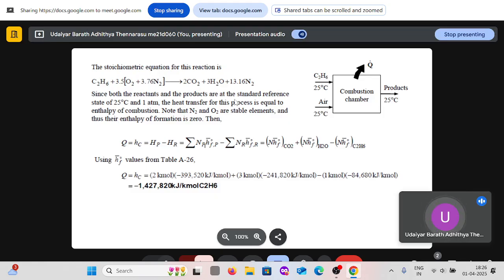Now since both are at 25 degrees Celsius, which is the standard reference state, the enthalpy of formation for nitrogen and oxygen at this temperature is 0.